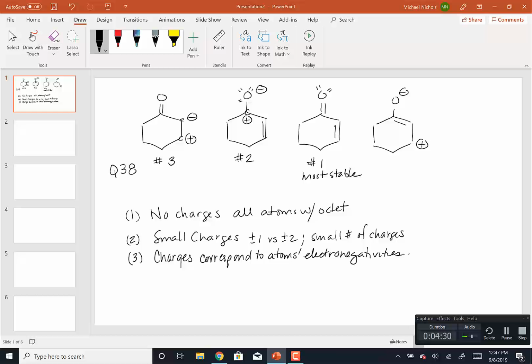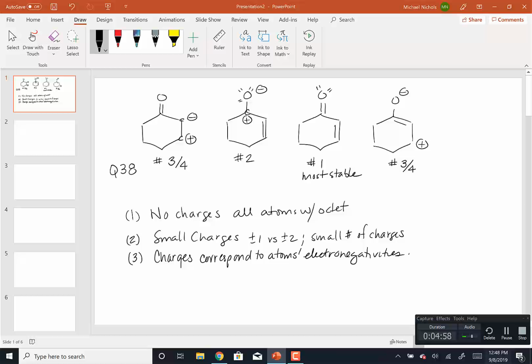But I could also make a case for it being number 4, because the one on the end has the oxygen being more electronegative, so wanting a negative charge, versus a carbon that wouldn't.